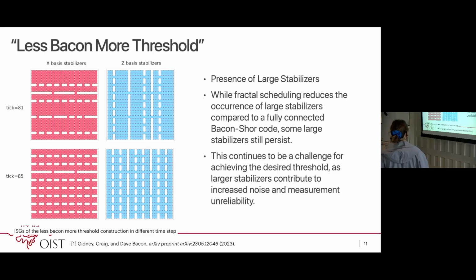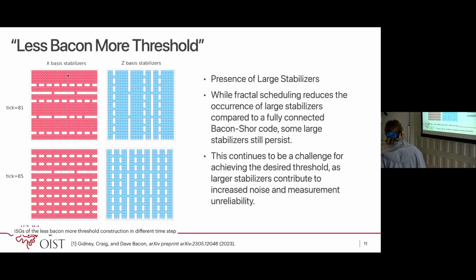So this is the instantaneous stabilizer group of the Bacon-Shor threshold construction in different time steps. As you can see here, the red highlighted areas are the X stabilizers which go vertically, and the blue highlighted areas are the Z stabilizers which go horizontally.